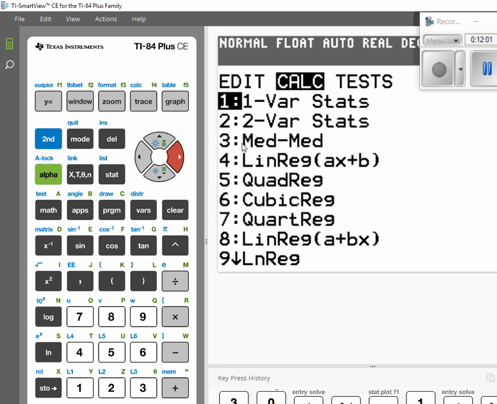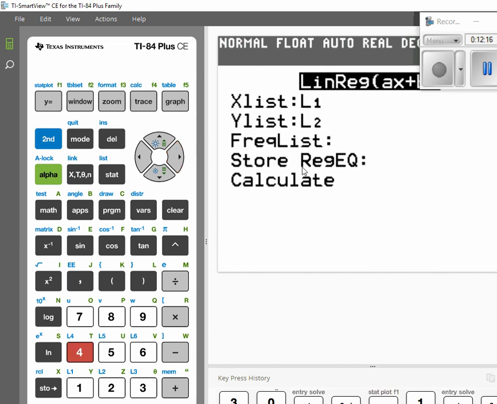In grade 11, you'll be talking about quadratics. In grade 12, you'll do cubics and quartics, etc. So we're going to be doing number 4. On this one, you have to make sure that it knows that your X list is your L1 again, and your Y list is your L2.